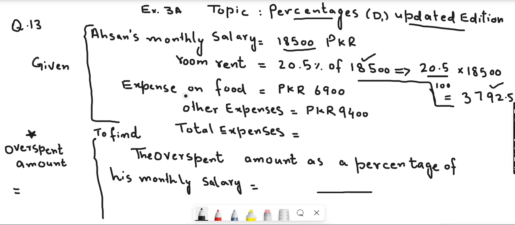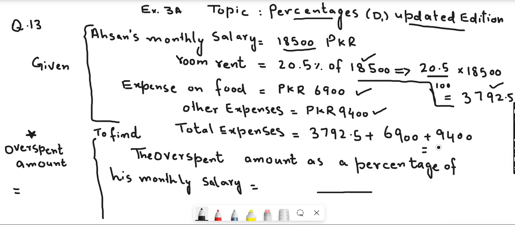Now his expense on food is this one, and his other expenses are this one. For the total expenses you will add 3,792.5 and the rest, which means you calculate all the expenses he made for one month. When we add all these expenses we come up with almost 20,000.